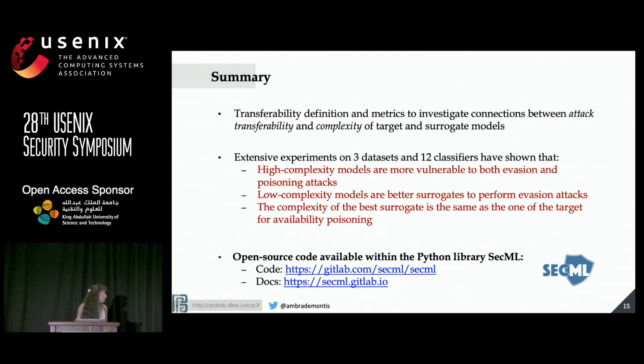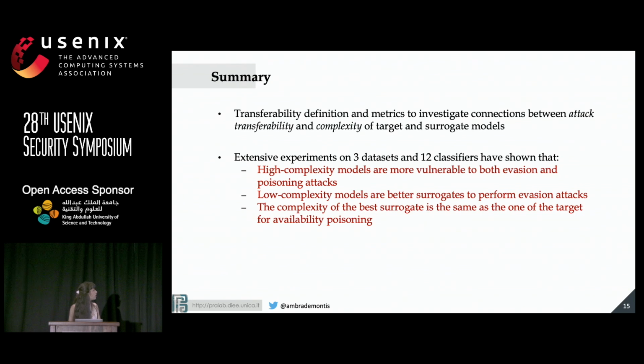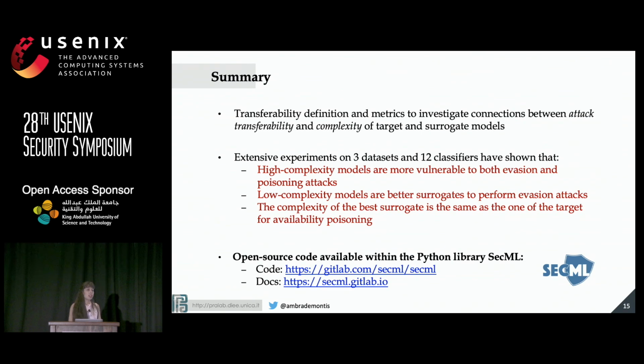So yes, low complexity models are better surrogates in case of evasion. And regarding the cost, what do you mean exactly? Right. Like, do you end up evading more than you need to if your model is lower complexity than it had to be, if you're trying to transfer? Okay. Yeah.